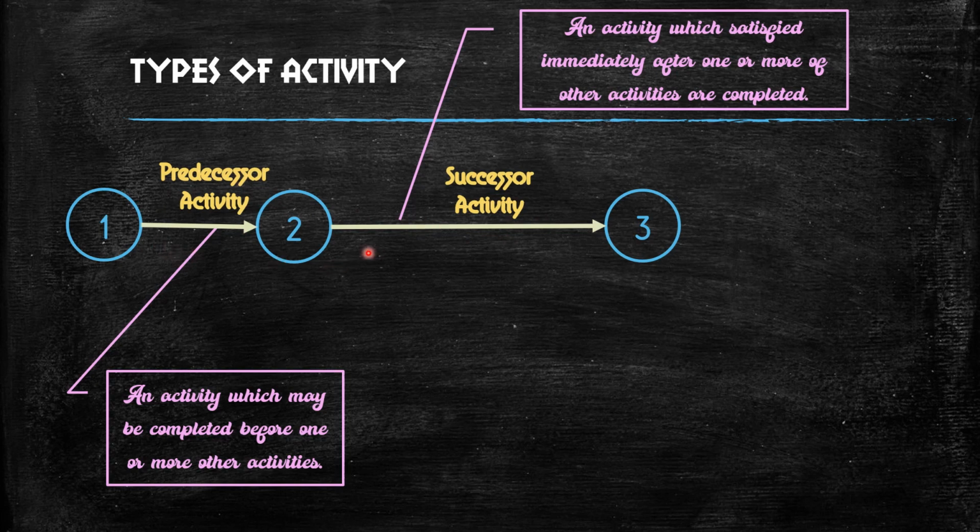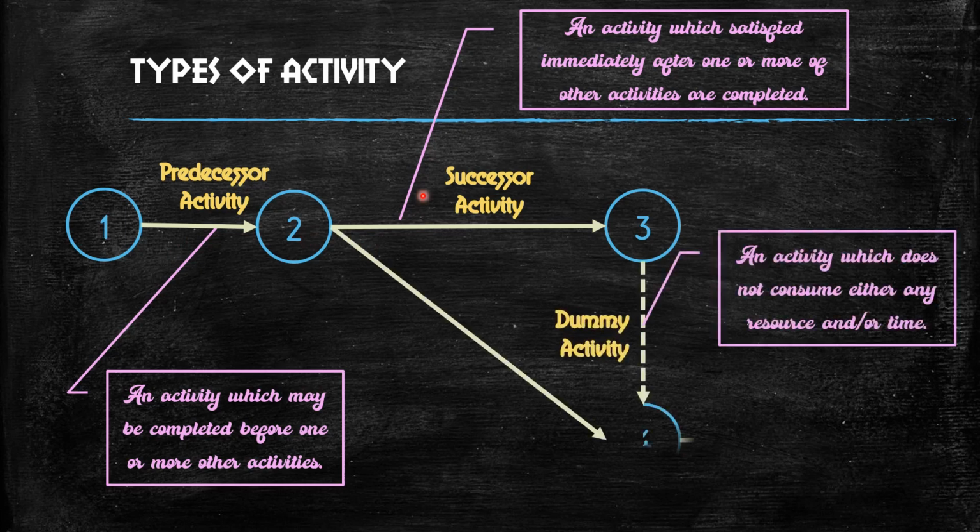Hence, it is the successor of the activity 1 and 2. And one more type is dummy activity. Any activity which does not consume either any resources or time. As I explained in the previous slide, every activity consumes time and resources and incurs cost.